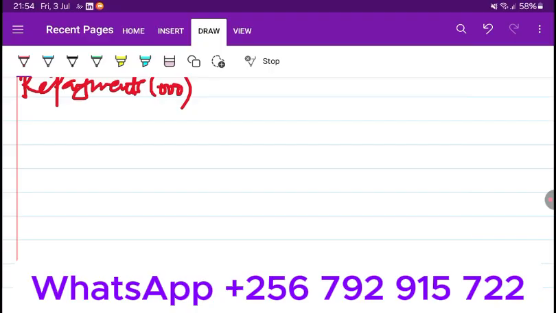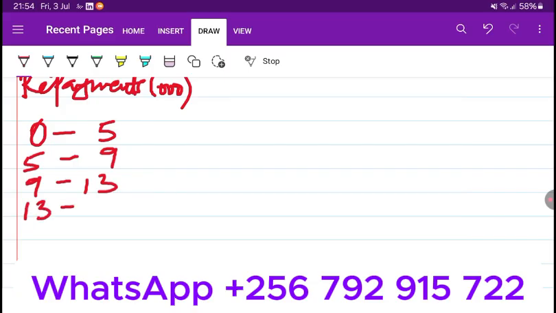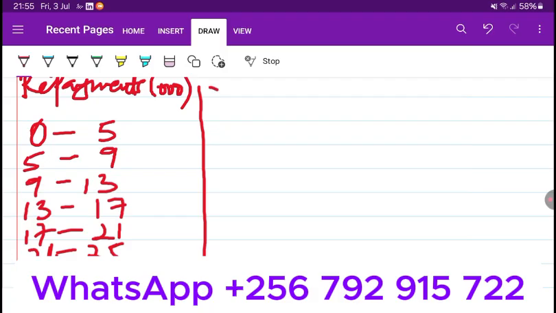So this one we can say 0 to 5, then 5 to 9, then 9 to 13, 13 to 17, 17 to 21, then 21 to 25, and then 25 to 29. Then we put our midpoint.